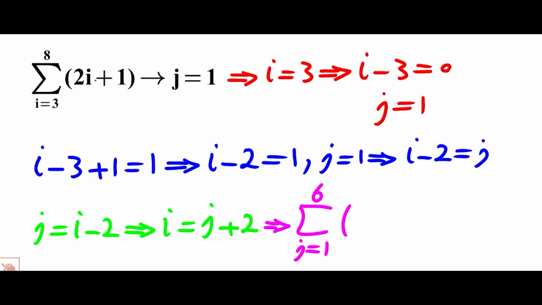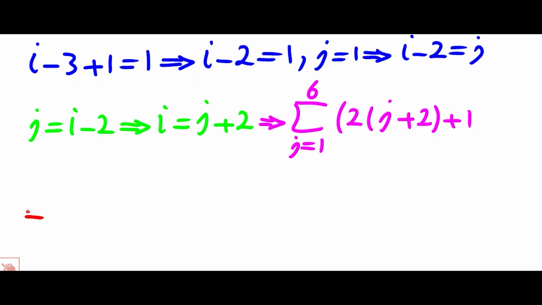And i equals j plus 2, so 2 times (j plus 2) plus 1. So we have the sum of 2j plus 4 plus 1, which is 2j plus 5, from j equals 1 to 6.